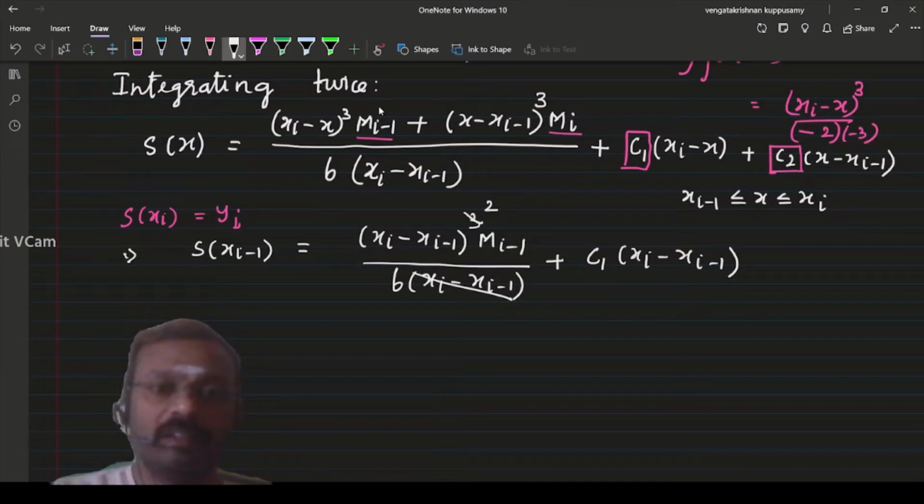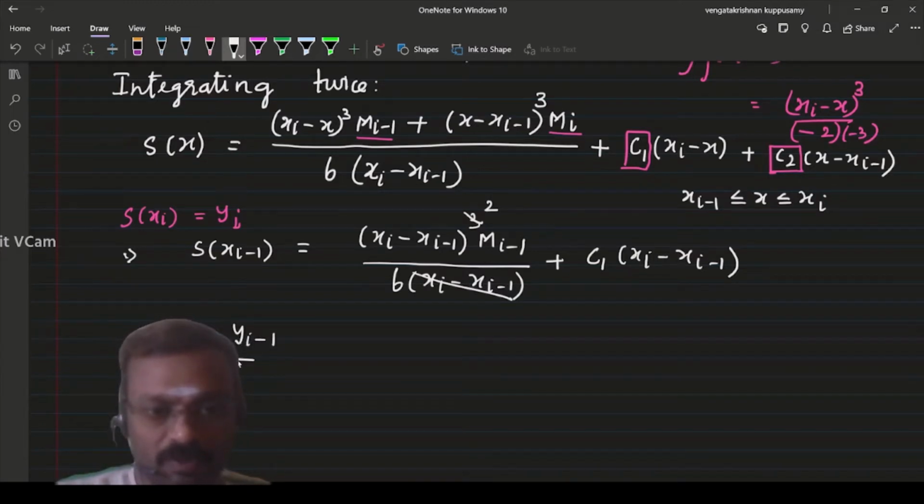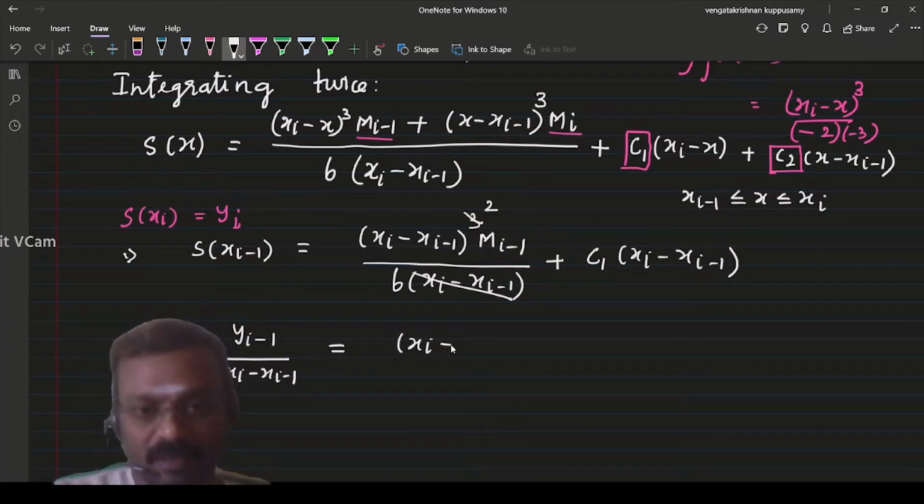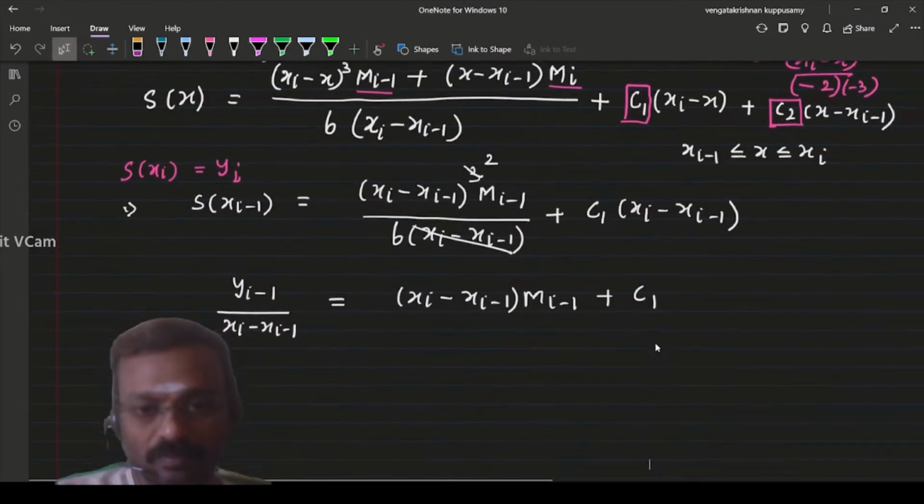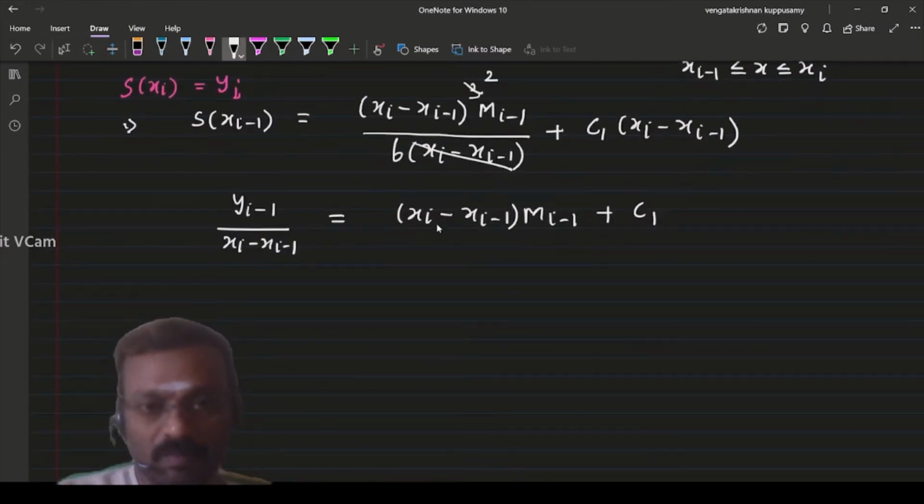So divide throughout by x_i minus x_{i-1}, and we know S of x_{i-1} is y_{i-1}. Dividing by x_i minus x_{i-1}, we have (x_i minus x_{i-1}) into m_{i-1} plus c1 by 6, of course.